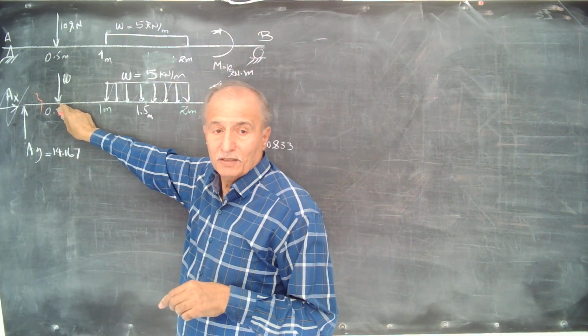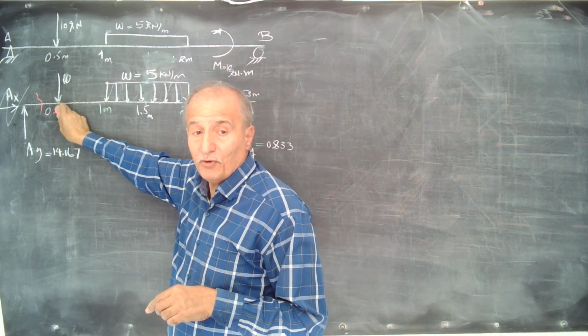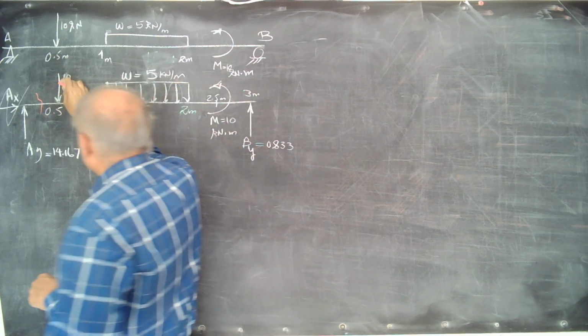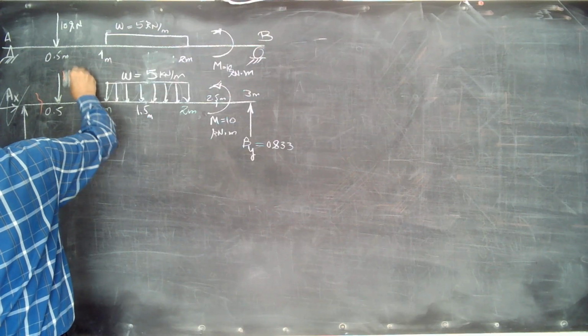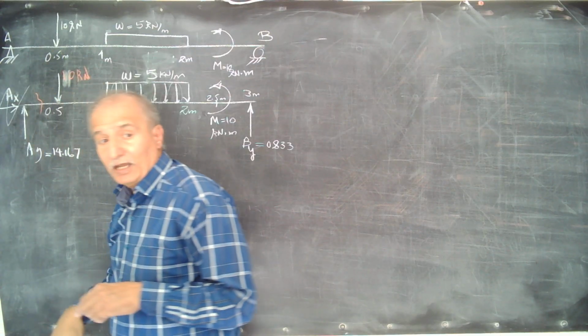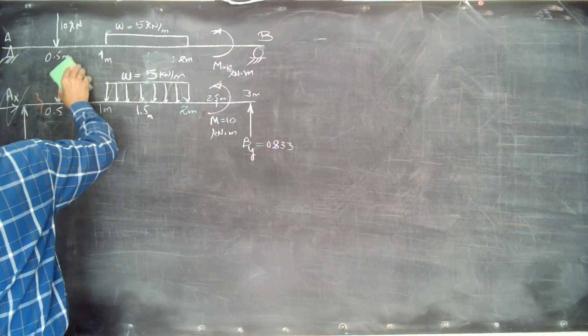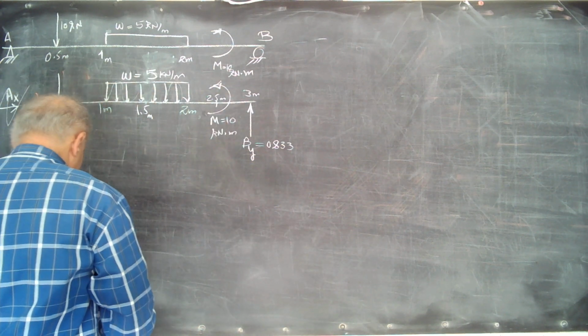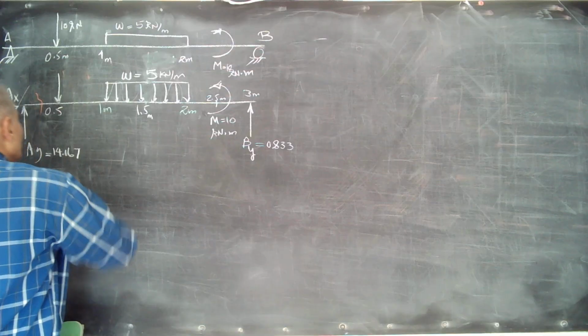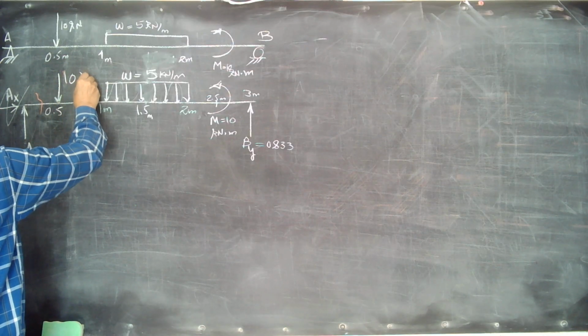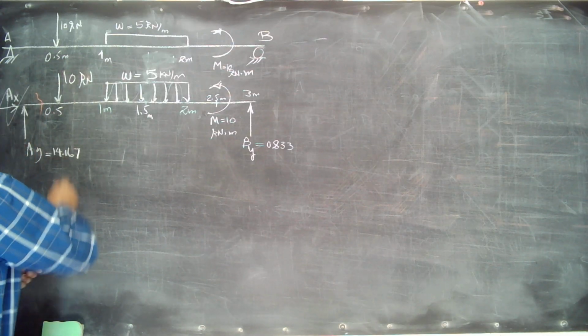But here we have a 10 kilonewton load. Make it clear. We have a before and after 10 kilonewton. Then it means that the loading condition is changing. Then we need a cut here as well.